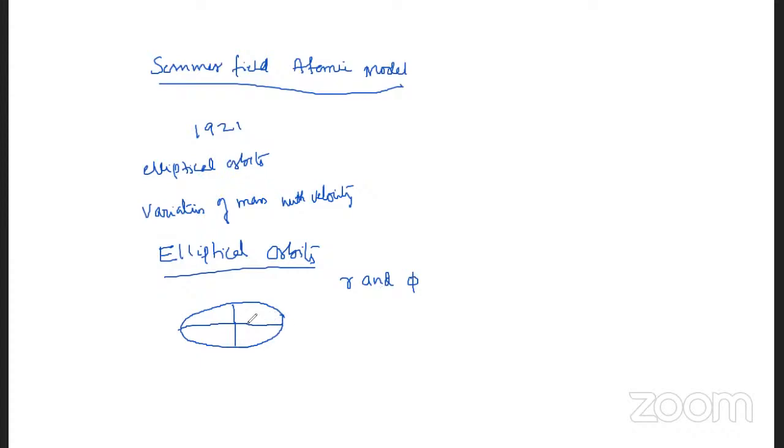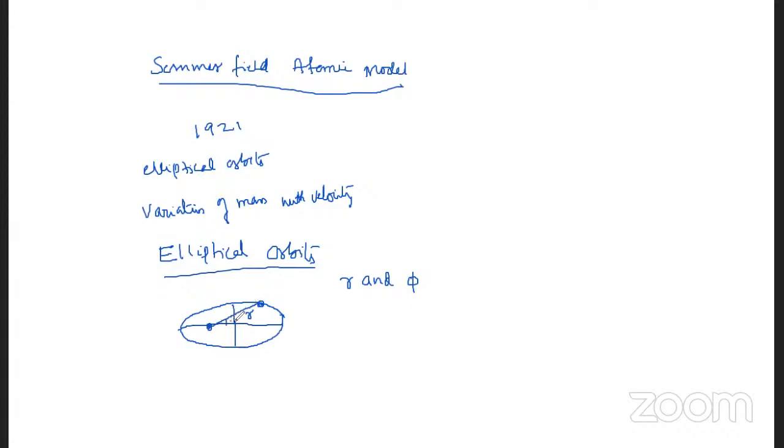Suppose the nucleus is at this point, and the electron is revolving around it in this elliptical orbit. At this point, the distance from the nucleus to the electron is r, the radius at that particular point, and phi is the angle.